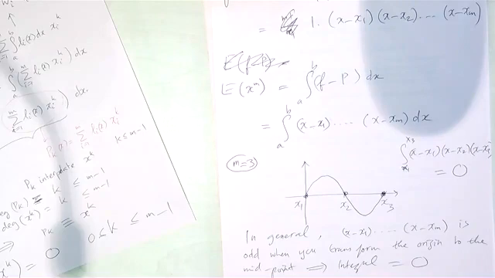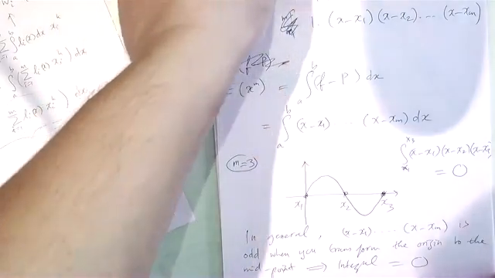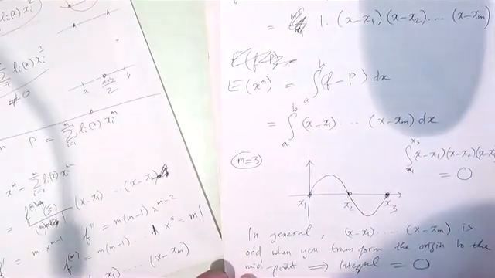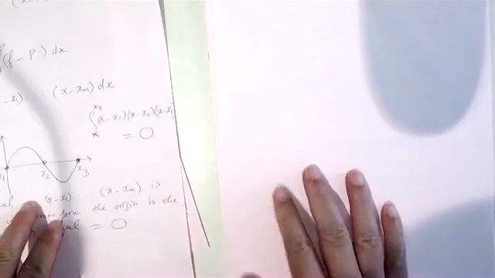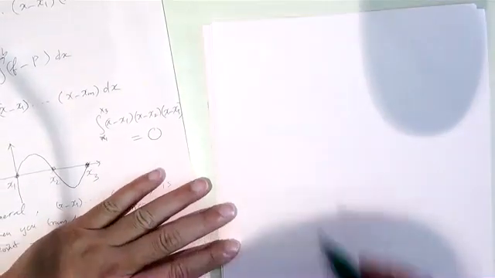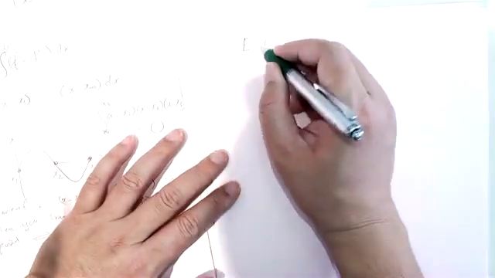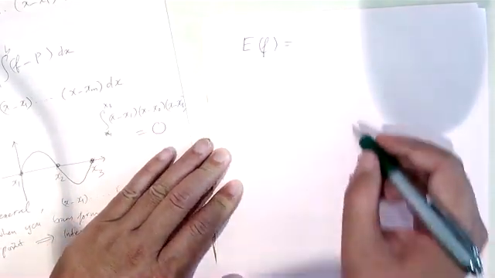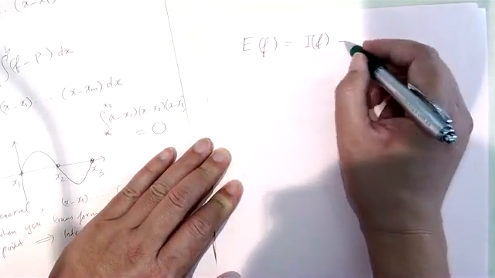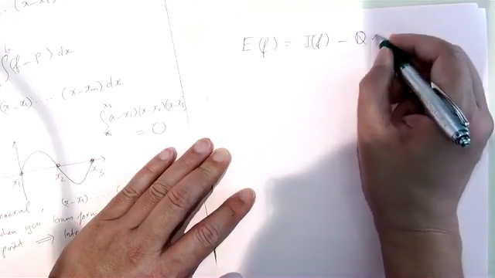Okay. So roughly, where do we get this theorem? Now, if you look at the definition of the error function, the exact integral minus the quadrature of f, okay?